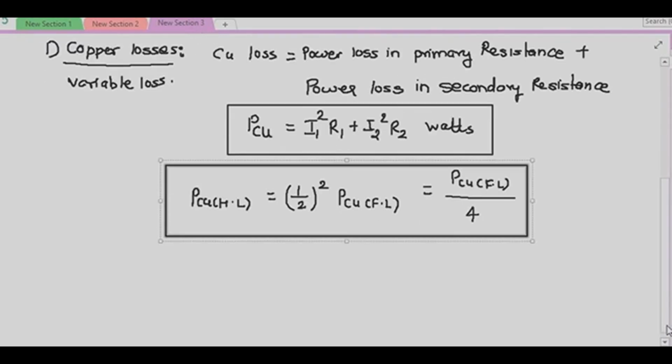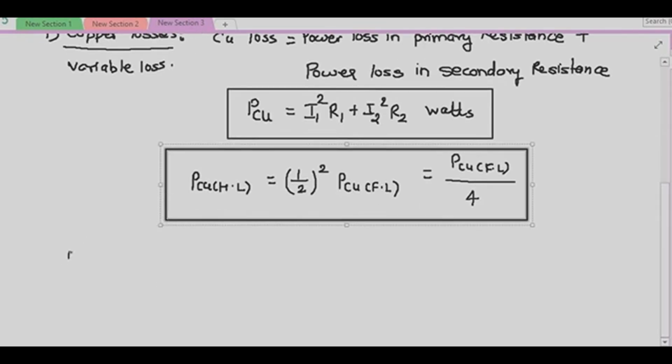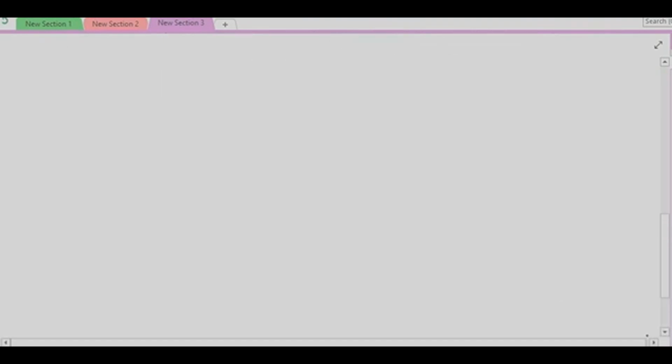Now the second type of loss is the iron loss, or iron losses, denoted by Pi. Iron loss Pi is the power loss taking place in the iron core of the transformer, that's why it is called an iron loss.